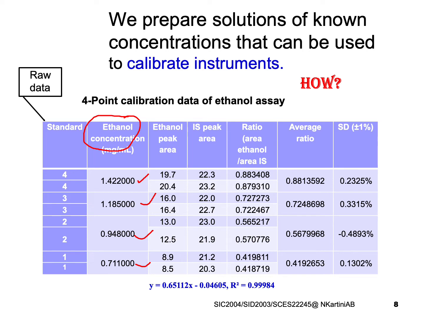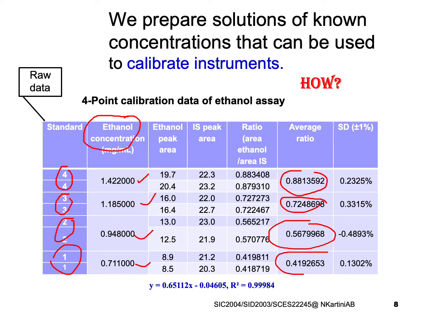Because each of these working standards is measured in duplicate, you get 2 different results, and then finally you get the mean for each standard. So you have 4 points here, 1, 2, 3, and 4.